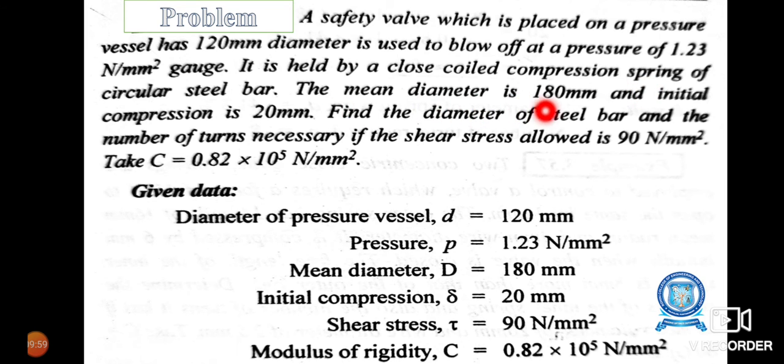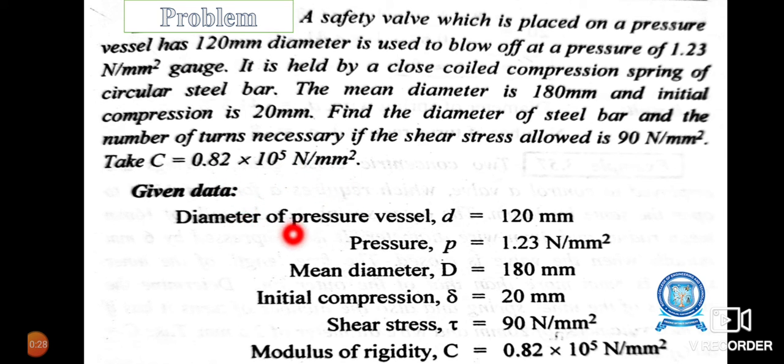The mean coil diameter is 180 mm and initial compression is 20 mm. That is the del. Initial compression means deflection, del 20 mm. Find the diameter of the steel bar and the number of turns necessary if the allowable shear stress is 90 Newton per millimeter square. Take C is equal to 0.82 into 10 power 5 Newton per millimeter square.